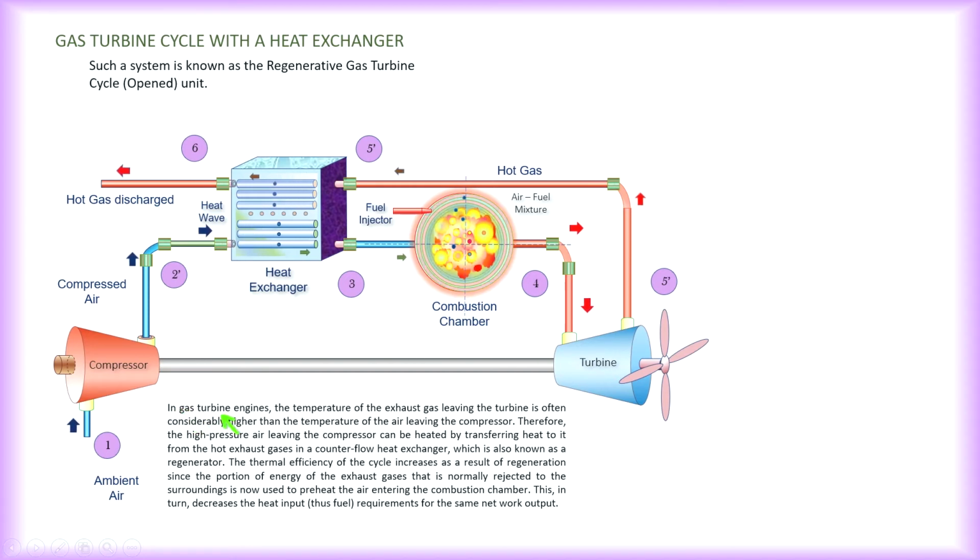In gas turbine engines, the temperature of the exhaust gas leaving the turbine is often considerably higher than the temperature of the air leaving the compressor. That means here. So this stream here is higher.